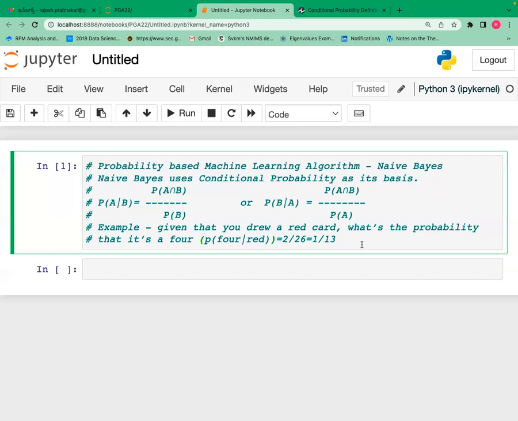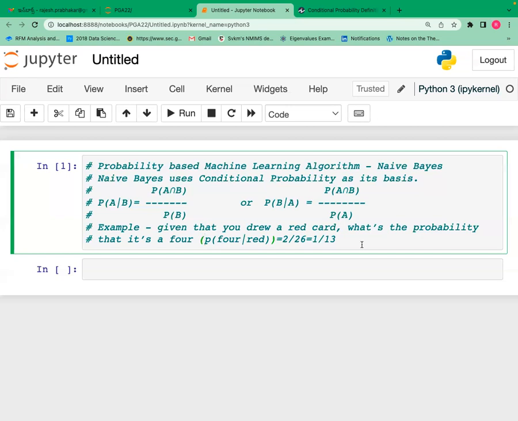And A intersection B means both have to be true. What is A here? 4. What is B here? Red. That means the card must be both 4 and red. Intersection is and. Union is or.